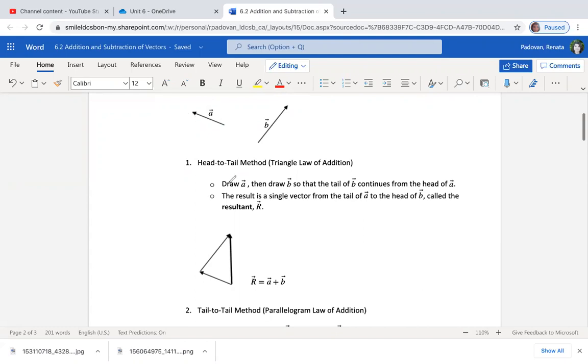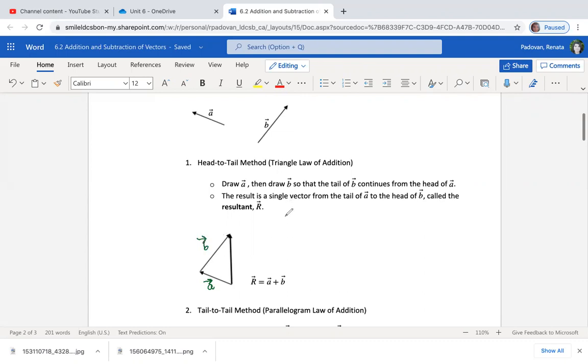So I'm looking at these two vectors here. Which one is vector A? Vector A would be at the bottom, so I'll label that vector A. Then I've got vector B, which you can see here: this is the tail, this is the head with the arrow, so this is vector B.